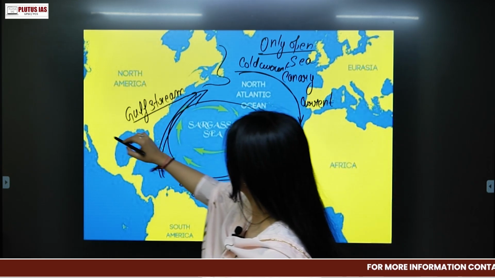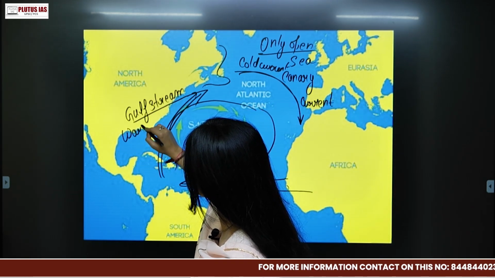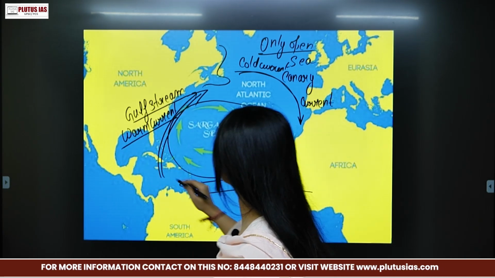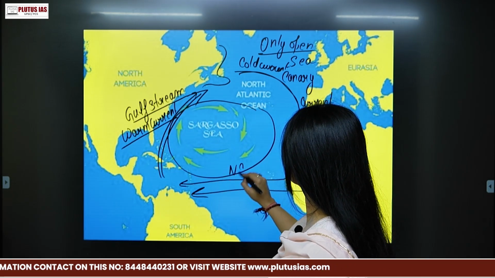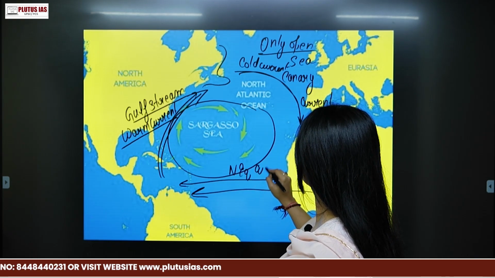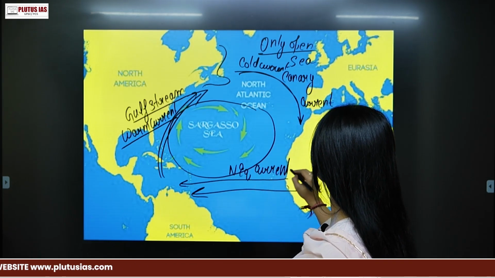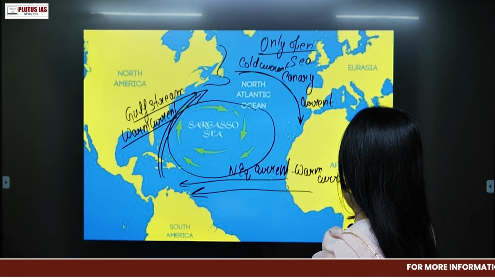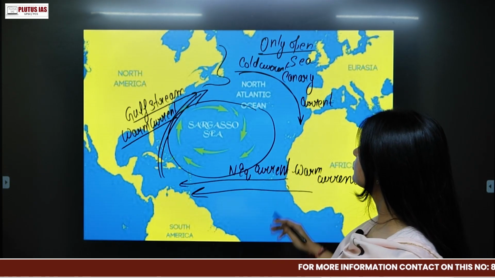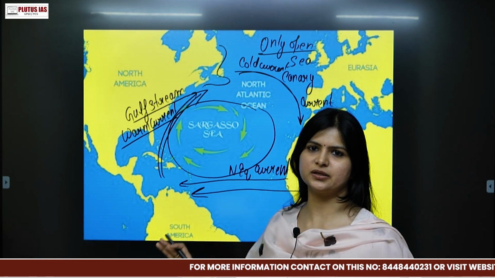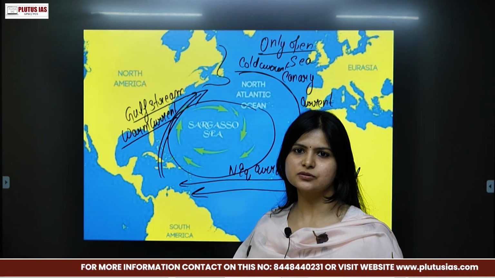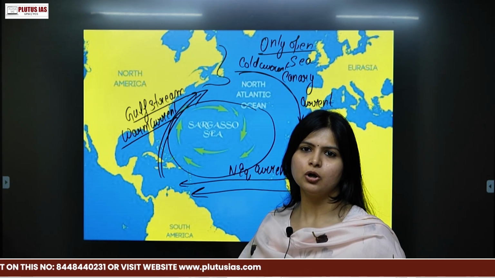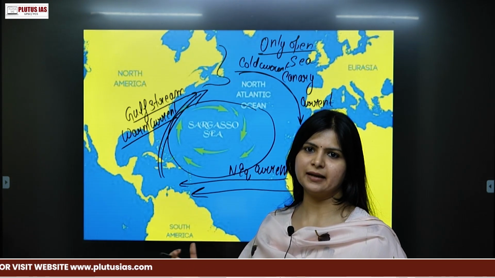Okay. Gulf Stream is a warm current. Similarly, North Equatorial Current is also a warm current. Right. So these are some of the currents through which it has been enclosed, and Sargasso Sea is the only open sea which is having no borders with any land. Okay.